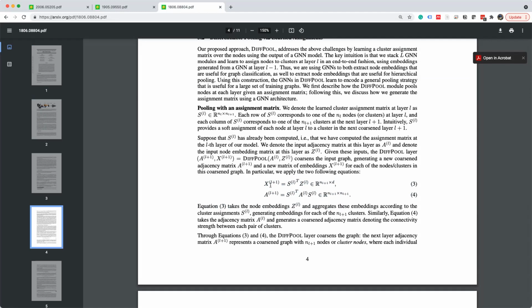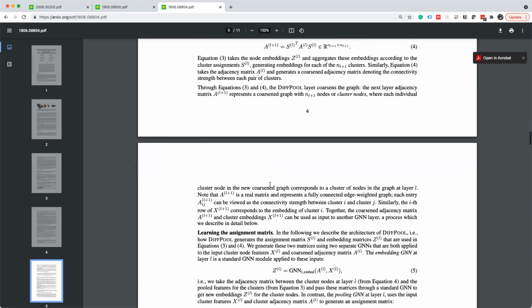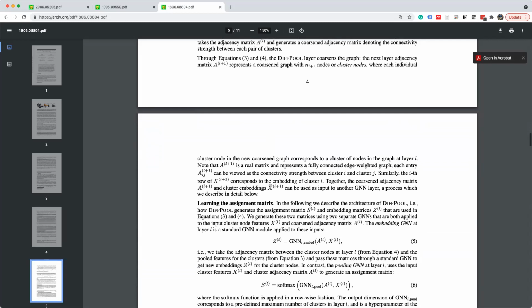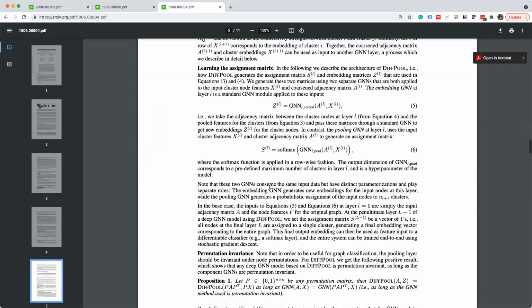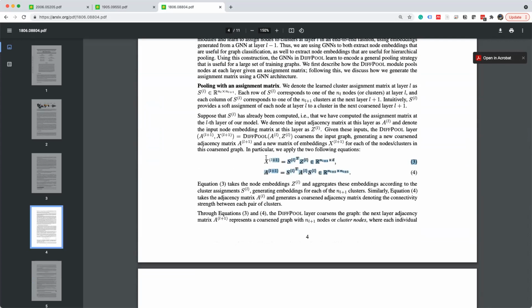Each of these layers gives you a graph that is coarsened, and so basically you're clustering nodes that are close to each other. That's how they do the clustering part, and it's also about the learning function that they use. But basically, this is how the clustering is done: just learning a graph at each step. And that's about DiffPool.